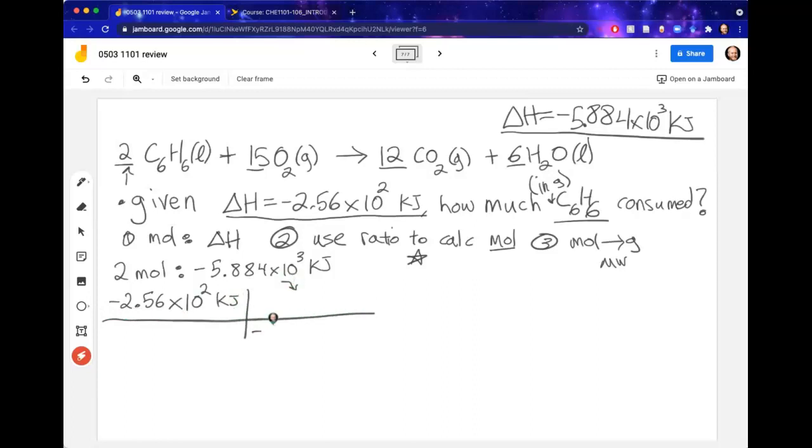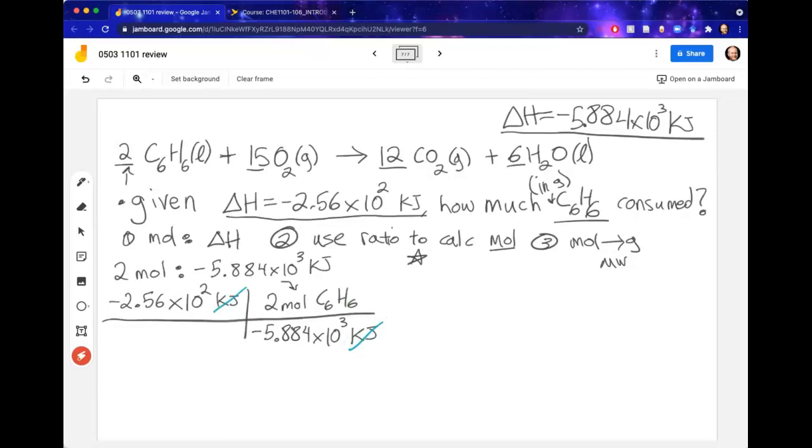In this case, we've got minus 5.884 times 10 to the 3 kilojoules on the bottom, and 2 moles of C6H6 up top. Kilojoules will cancel from this particular ratio, and I'm left in moles.